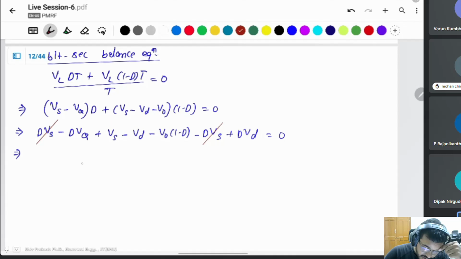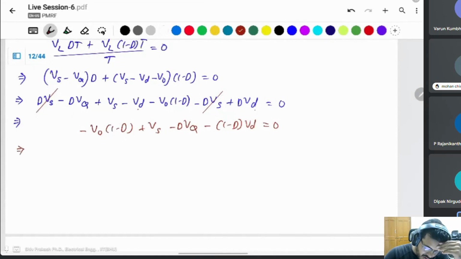This will be minus V naught into 1 minus D, plus Vs minus dVq, and this will be dVd, and minus 1 minus D into Vd equals 0.